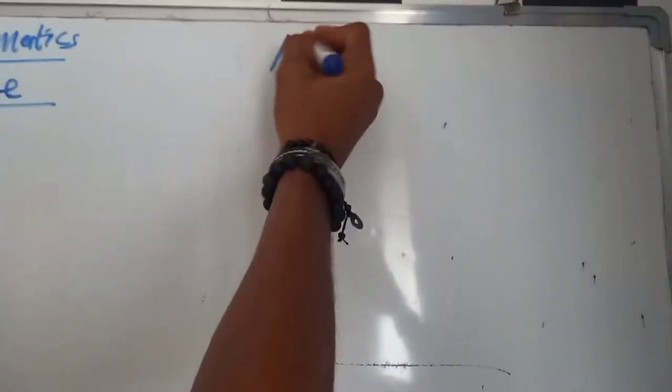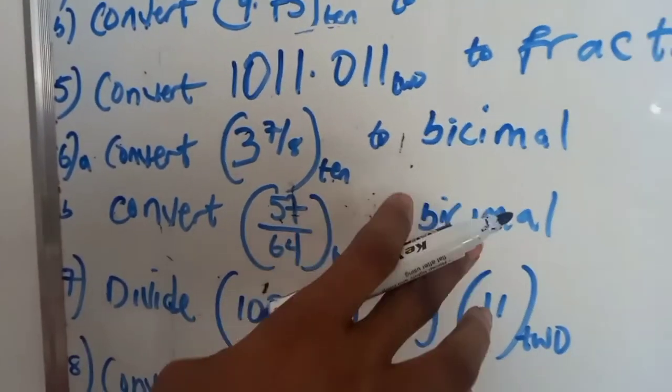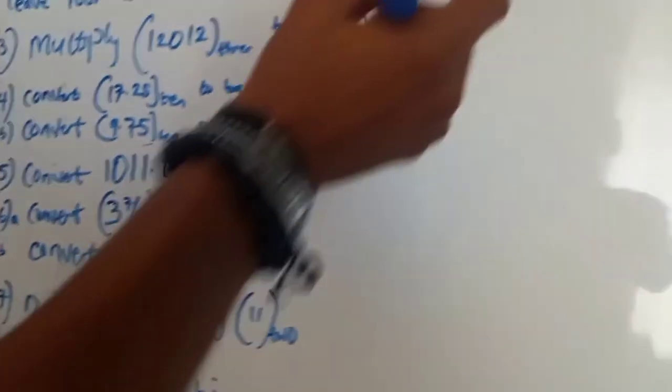Okay, we go to number 6b, and this is our question. Convert 57/64 base 10 to binary. So let's go there now.